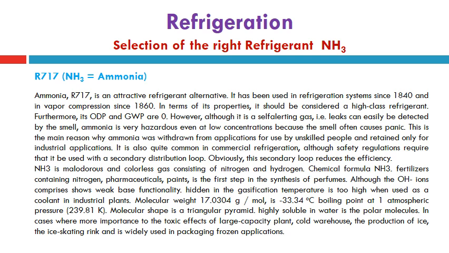Obviously, the secondary loop reduces the efficiency. NH3 is a colorless gas containing nitrogen and hydrogen. Chemical formula NH3. The rest of the slide contains some thermophysical properties and chemical data of NH3 for your concern.